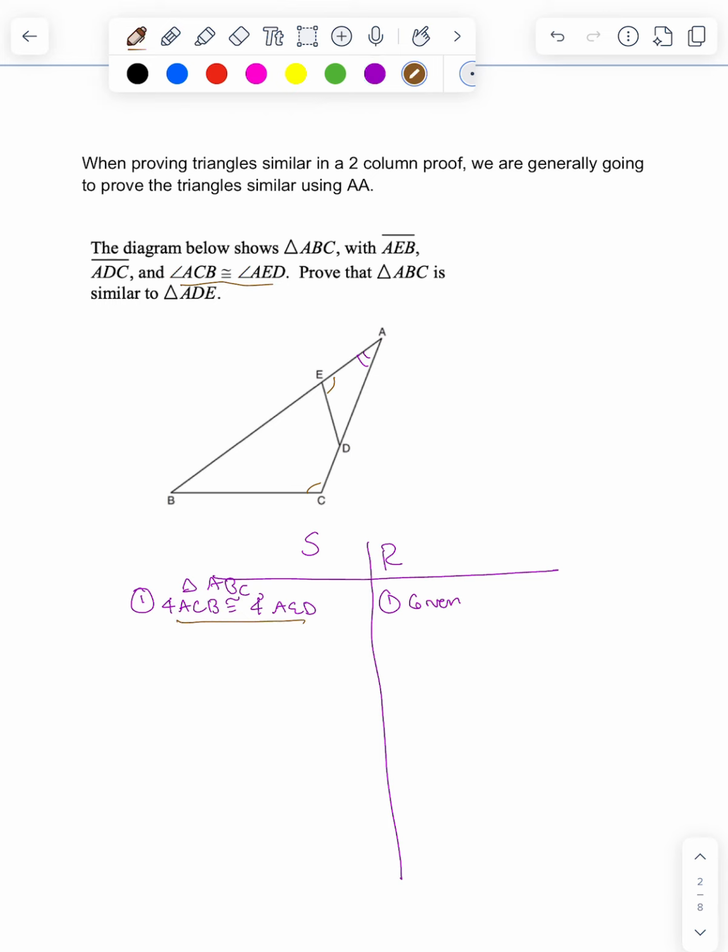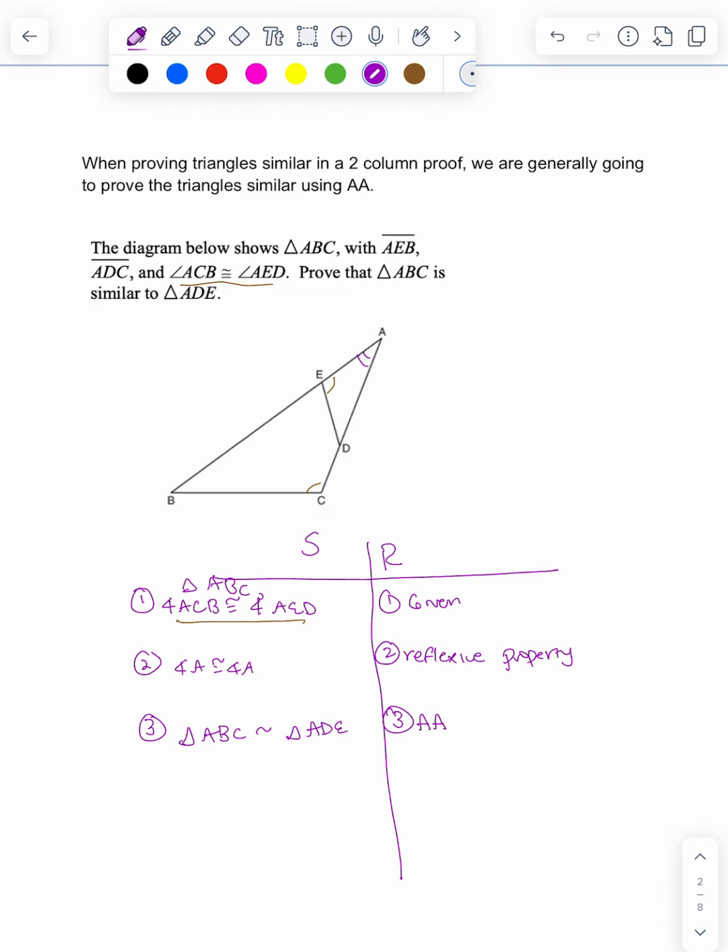All I'll need to put in is angle A is congruent to angle A, and that's by the reflexive property. And then I can say that triangle ABC is similar to triangle ADE by AA.